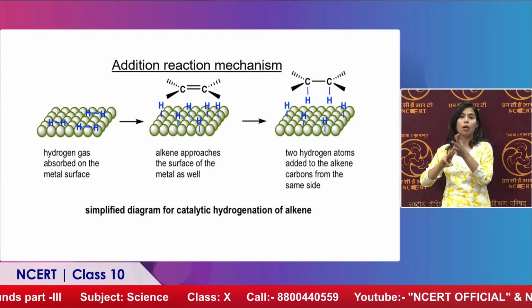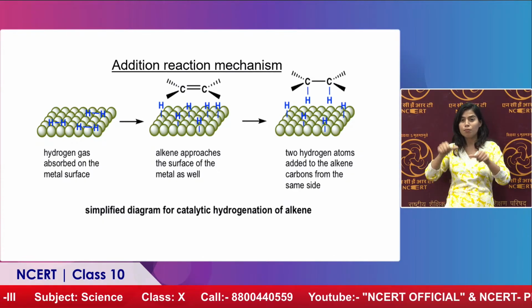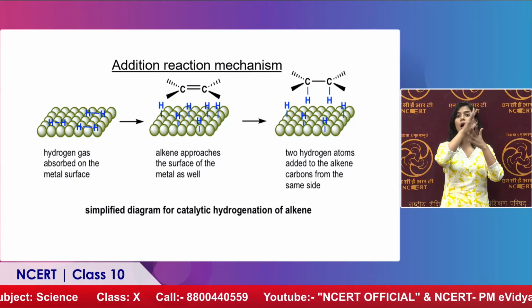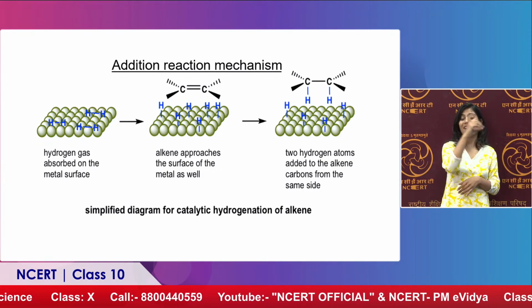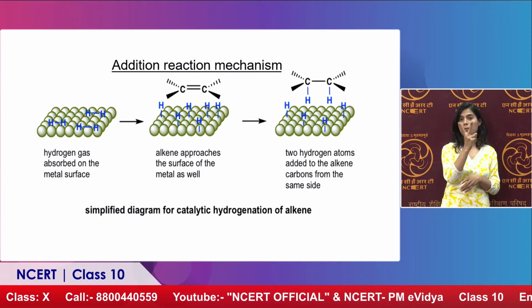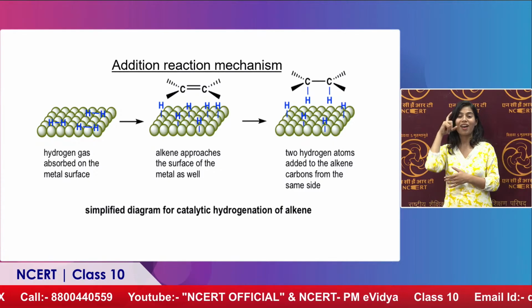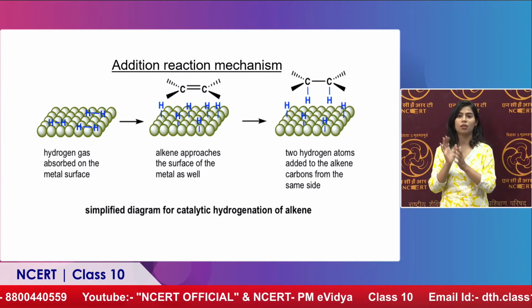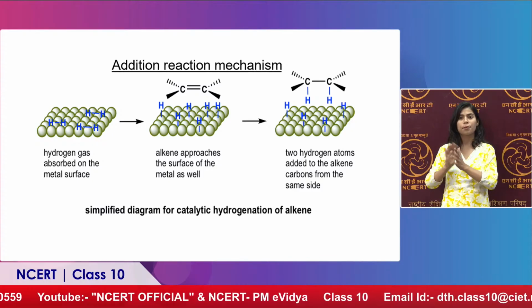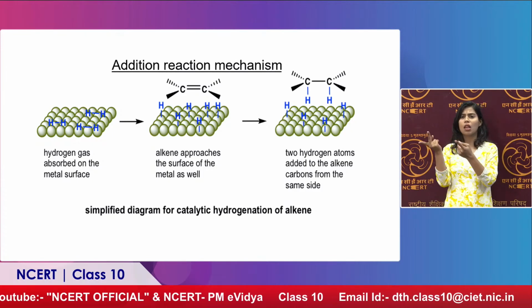And finally we look at the addition of hydrogen over the carbon-carbon double bond. Two hydrogen atoms are added to the alkene carbons from the same side, and in this way the addition reaction becomes complete.